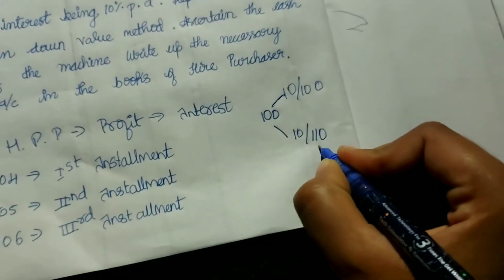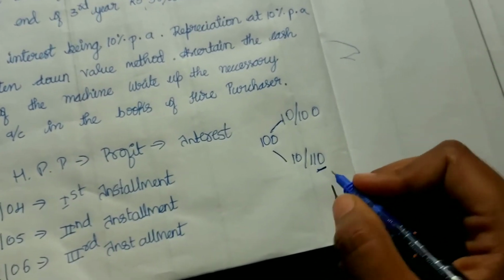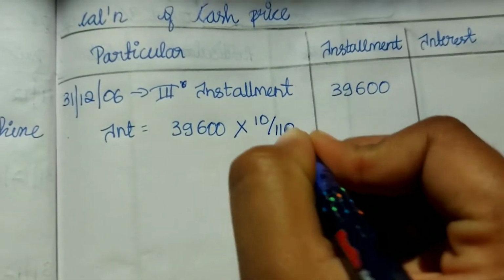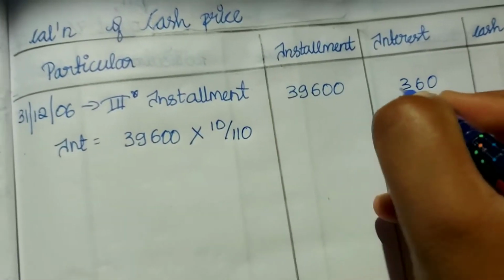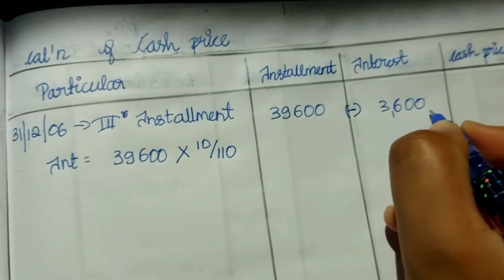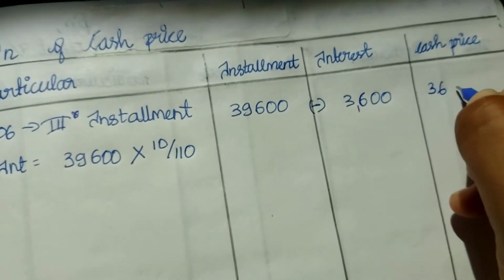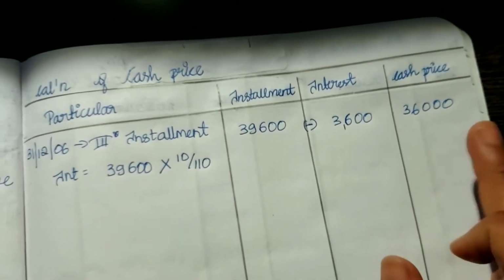You include the profit so that you can get the exact amount of profit. So you'll get 3,600. Subtract 3,600 from 39,600, you'll get 36,000. You got the cash price of the third installment.